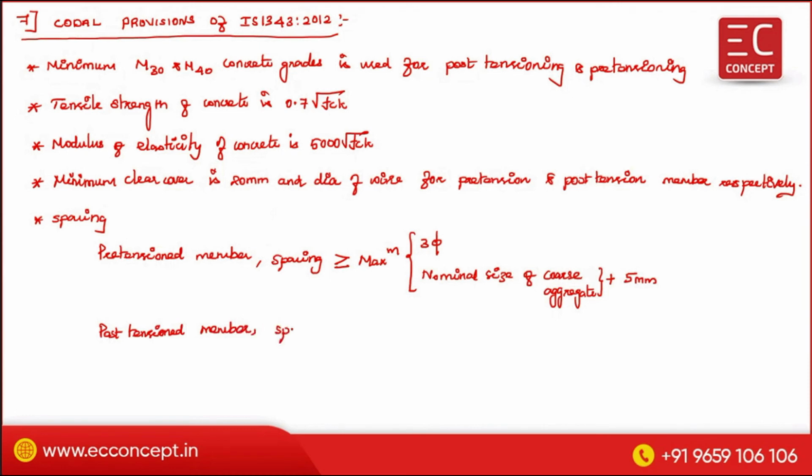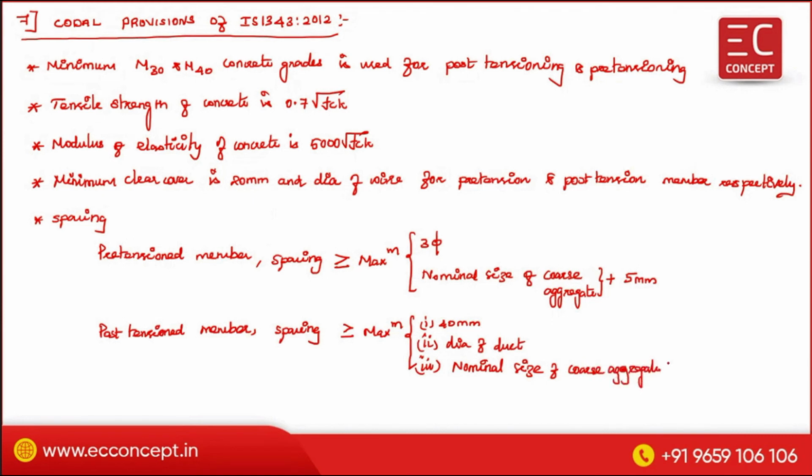Spacing of post-tension member is greater than or equal to the maximum of: first, 140 mm; second, the diameter of duct; third, the nominal size of coarse aggregate plus 5 mm. So these are the important points.